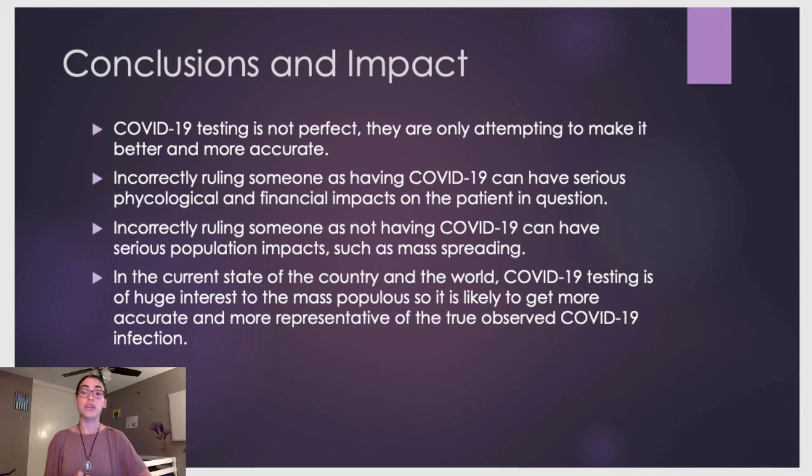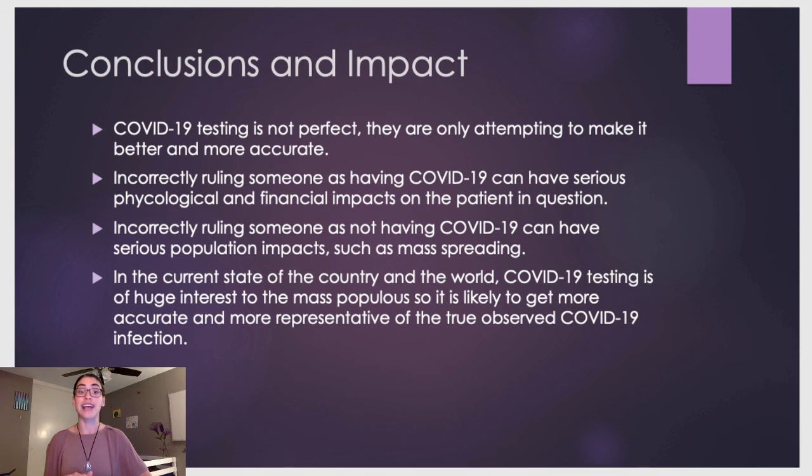With more tests being developed, researchers will be able to make more concrete conclusions about the sensitivity and specificity of each test in order to determine the best. Incorrectly ruling someone as having COVID-19 can have serious psychological and financial impacts on the patient in question.